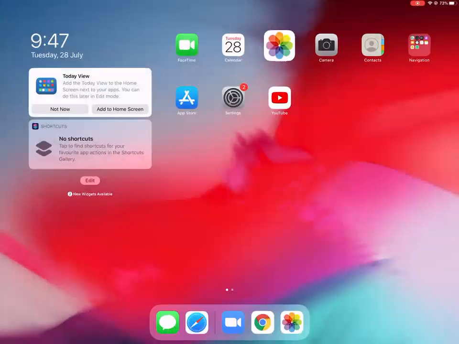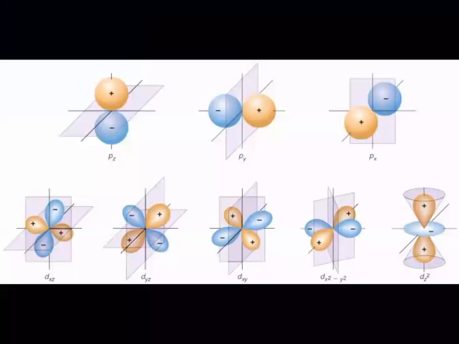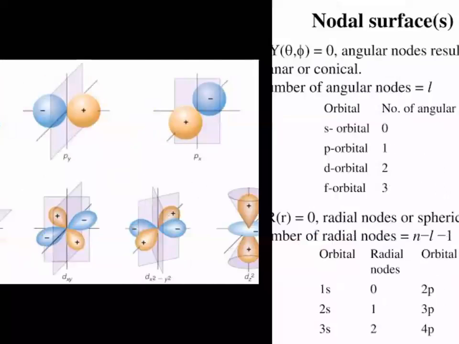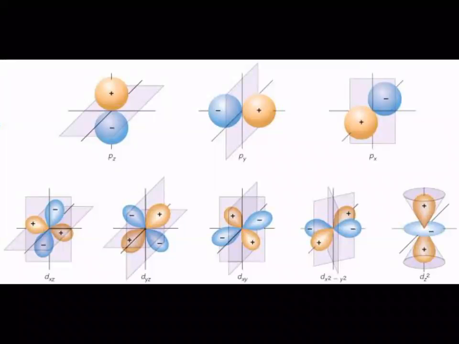So this is the p orbitals. If you look at this rectangle, the slab, the probability of finding the electron there is 0. So that is a nodal plane. For pz, the nodal plane lies in the xy plane.